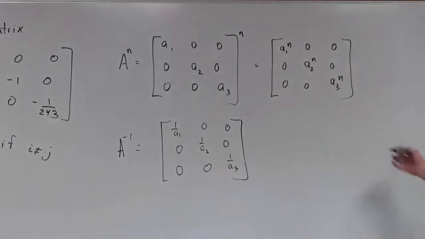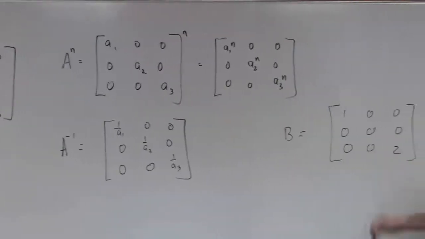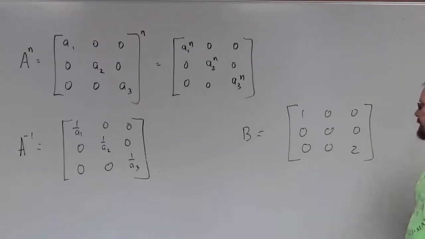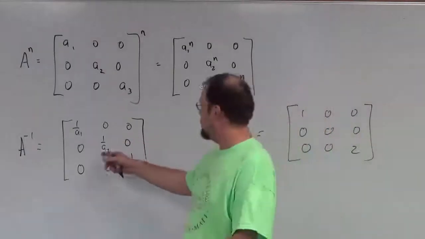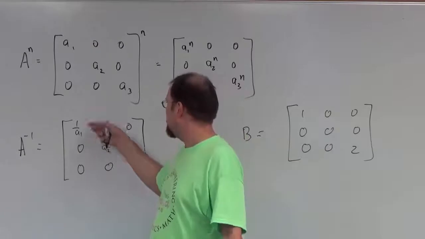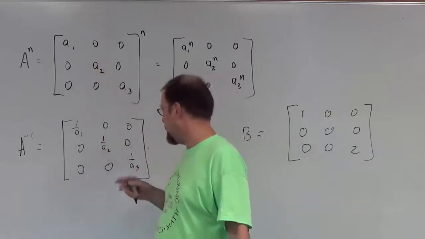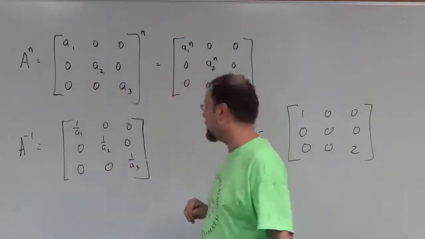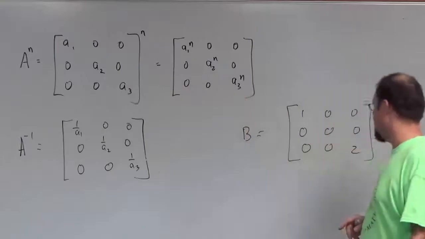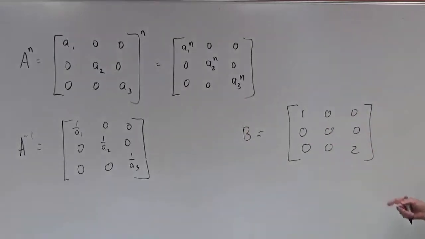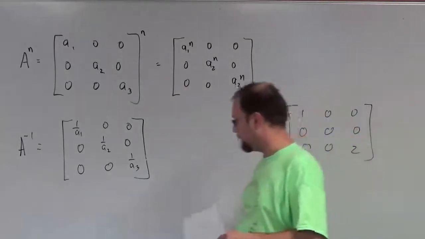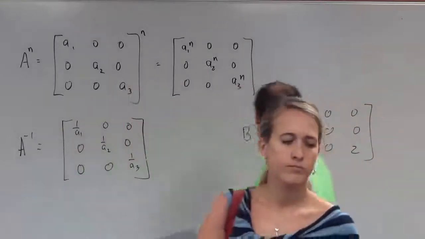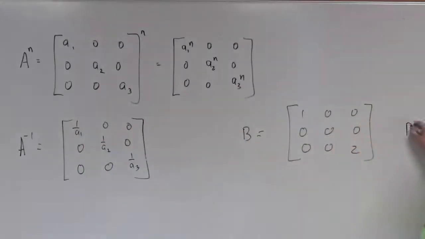Okay, so is this diagonal matrix invertible? No. The lesson here is that to find the inverse of a diagonal matrix, you need to take reciprocals of the diagonal entries. Those diagonal entries better not be 0 if the matrix is to be invertible. So this doesn't have an inverse.